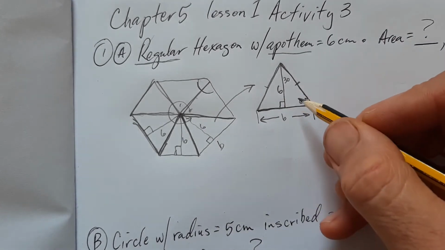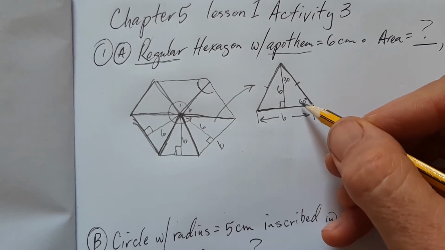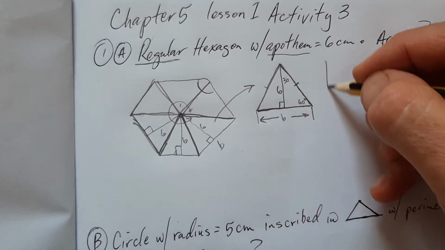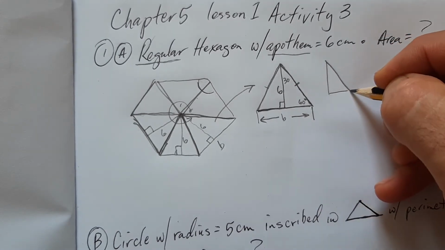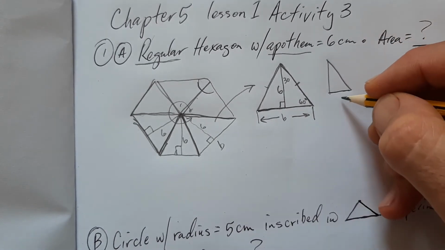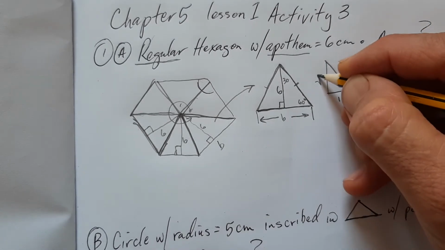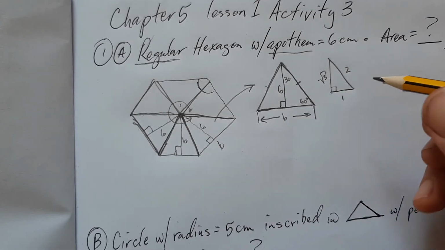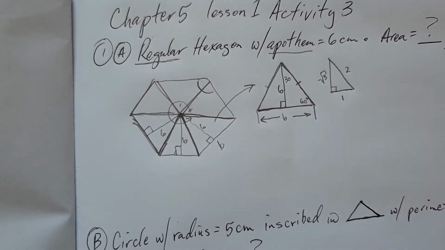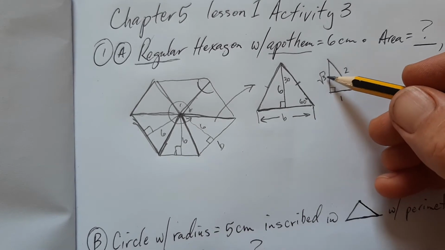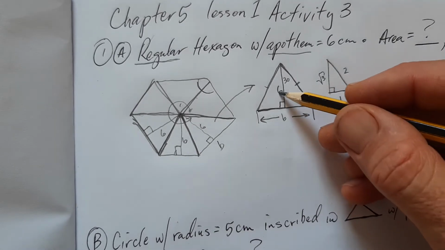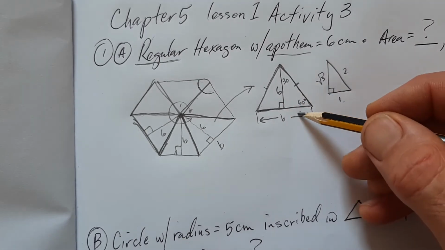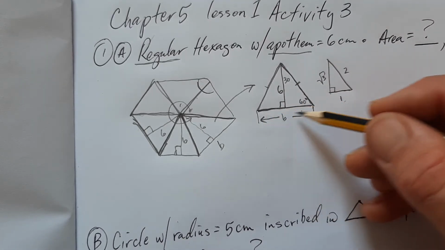And you got this side, so if you want to use your trig relationships, or if you remember, let's see if I remember this here. If this side is 1, and this is 2, and this is square root of 3, right? So to get this side here, I would divide by the square root of 3 and multiply by 2.